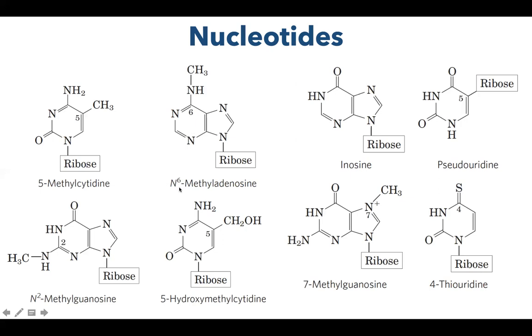Another one, we have N6-methyladenosine. This time, the methyl group is attached to the amino group that is attached to carbon 6. So notice the difference in the nomenclature. If you see a number, it means this substituent is directly attached to the atom in this position.